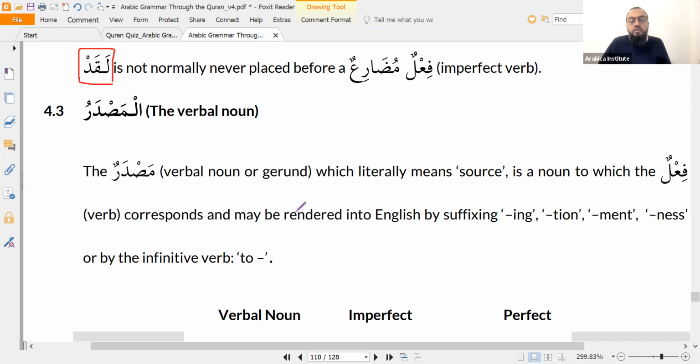So if I say to you, "I drank the water," what word would you use to refer to my action? What was I doing? Drinking. Good.